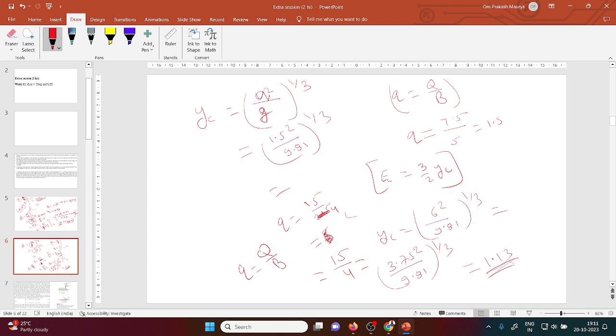Okay, I am getting it. So B is given how much? Your width is equal to 25, right? Yes, sir.